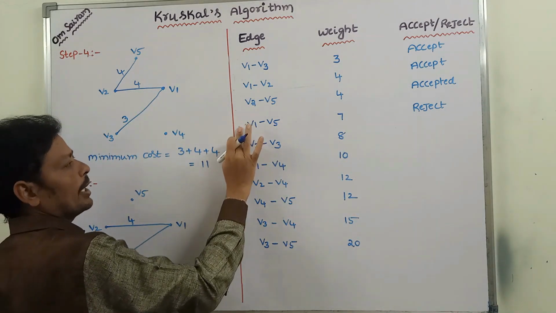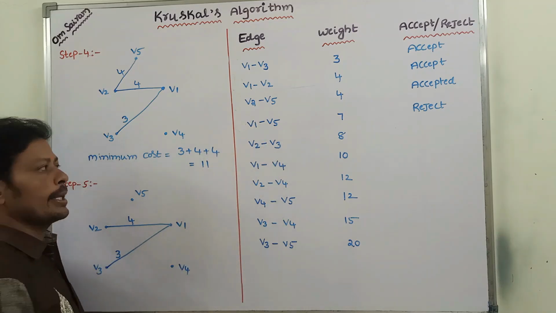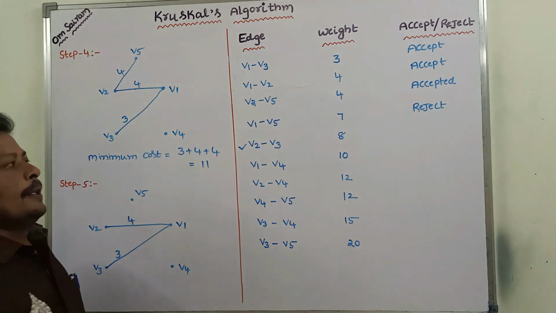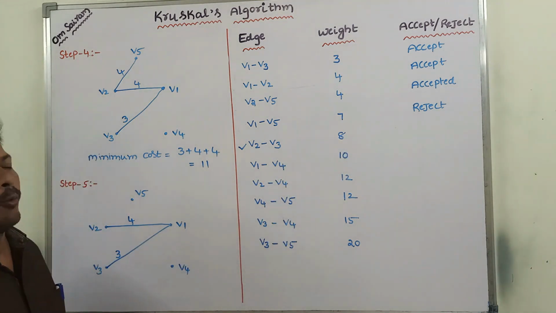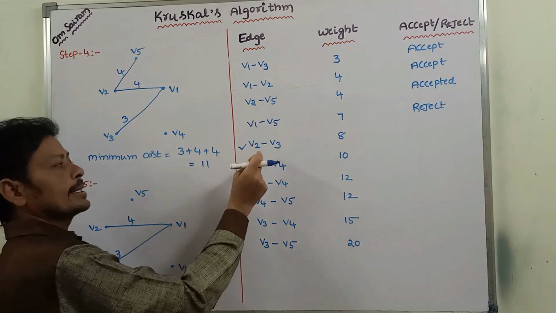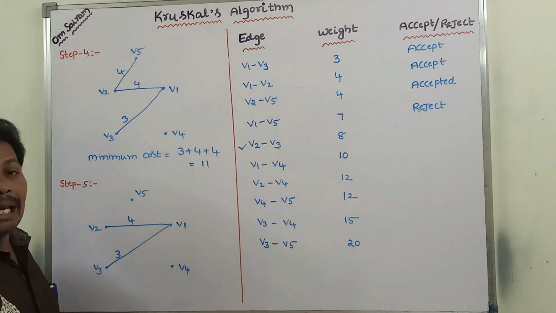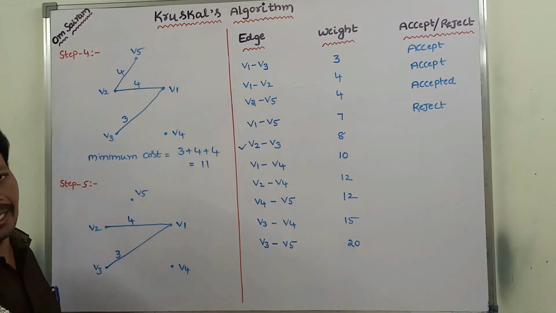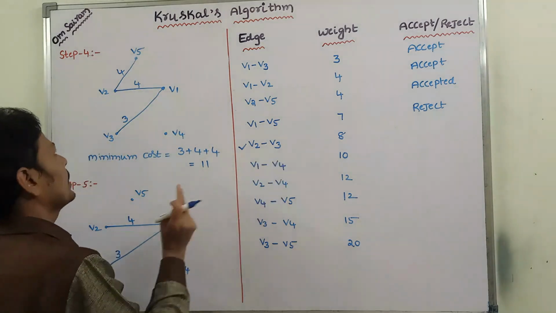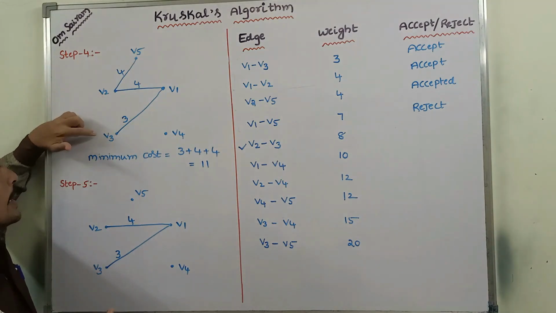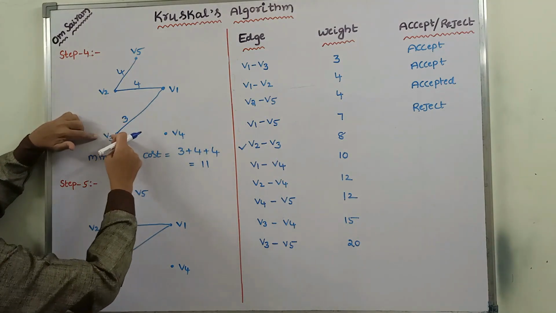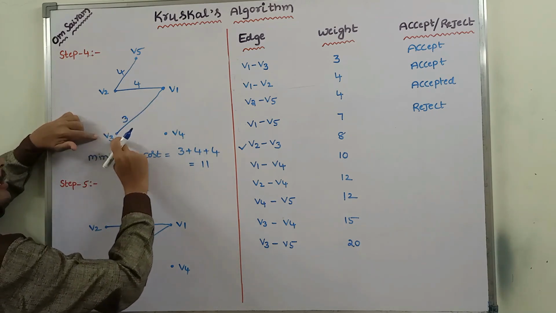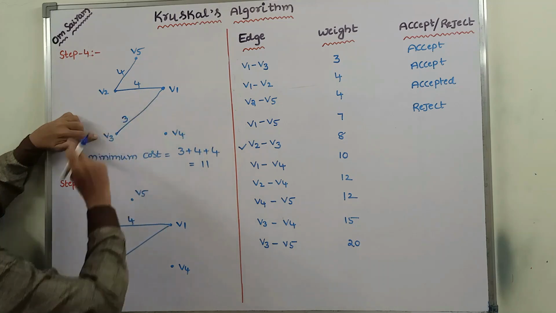Next, the next minimum weight edge is V2 to V3. Its weight is 8. We have to check whether this edge forms a cycle or not when added to the existing spanning tree. So here this is V2, this is V3. After adding this edge V2 to V3, it forms a cycle: V2 to V3, V3 to V1, V1 to V2.